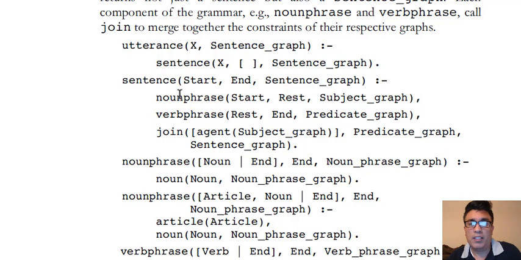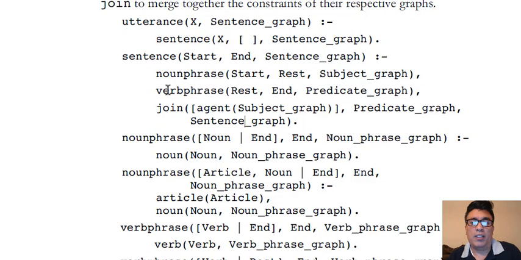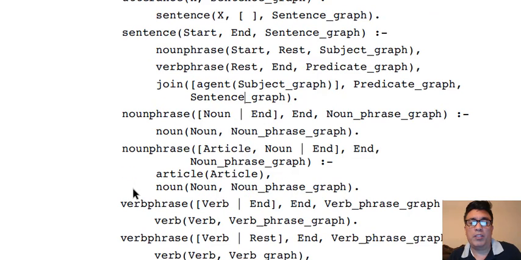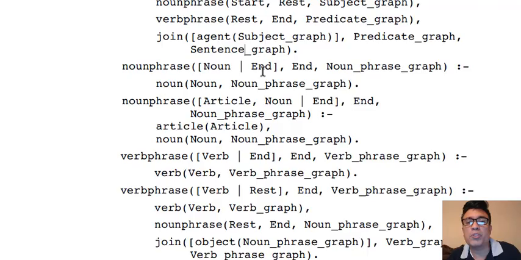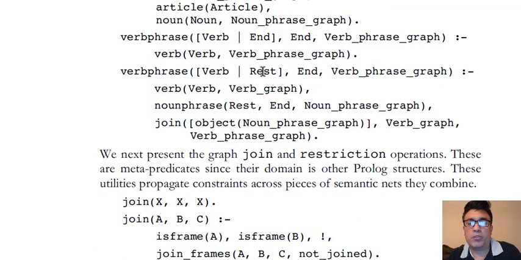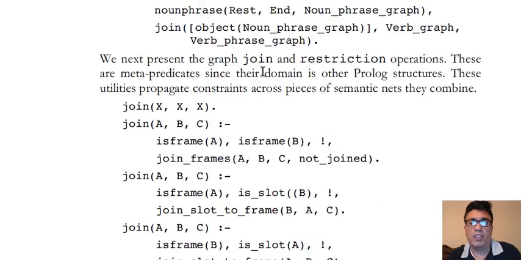I mean, we got sentence, that is just one possible case, and then noun phrase we got two possibilities, verb phrase is again two possibilities, and then the main thing is that each one of those is getting a semantic graph that represents the meaning associated with each one of those. So the main thing is that now we want to go into merging or joining those structures and derive just one structure that represents the meaning of the whole sentence.